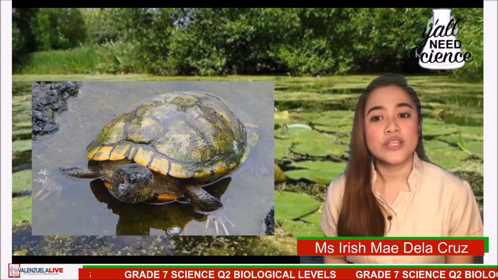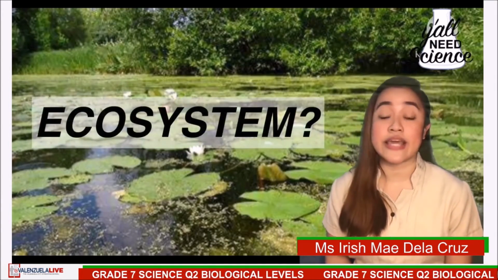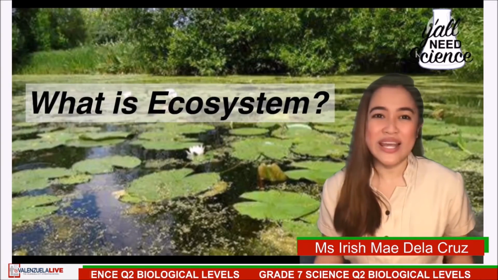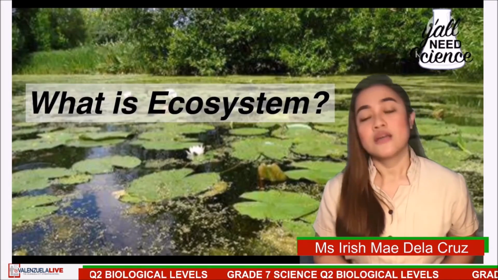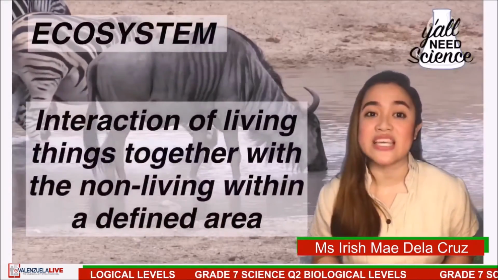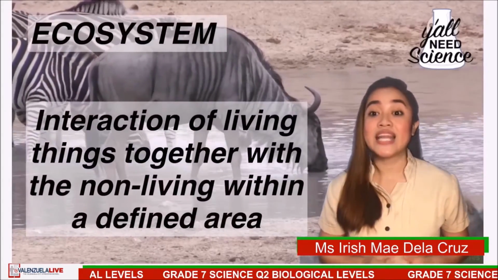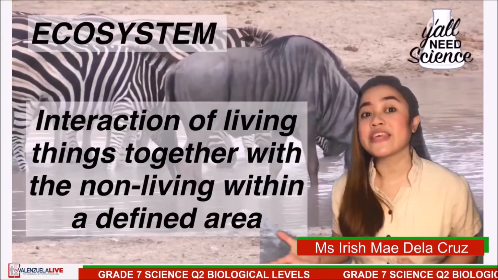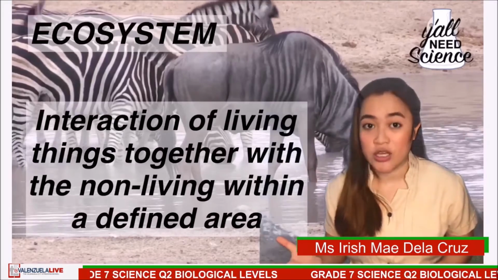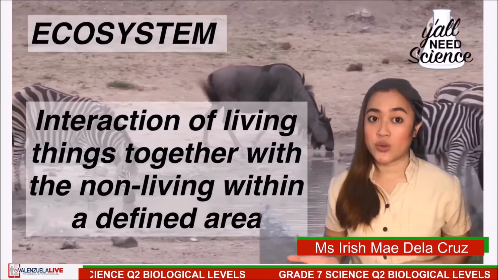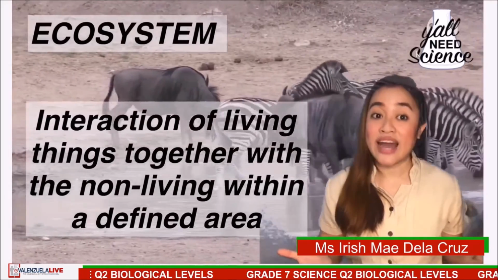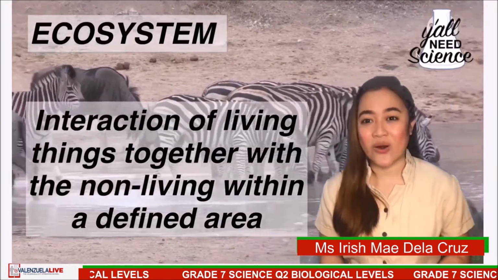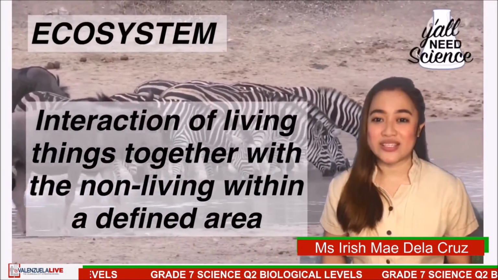Now, when do we call a biological level as an ecosystem? Or, what do you mean by ecosystem? So ecosystem, when living things interact together with the non-living within a defined area. Meaning the living things a while ago that we have mentioned, when there is an interaction with those living things with non-living things in a specific or defined area, that is now called as ecosystem.